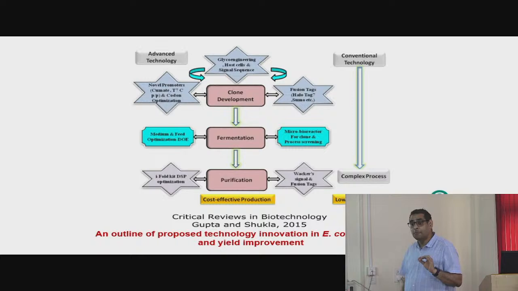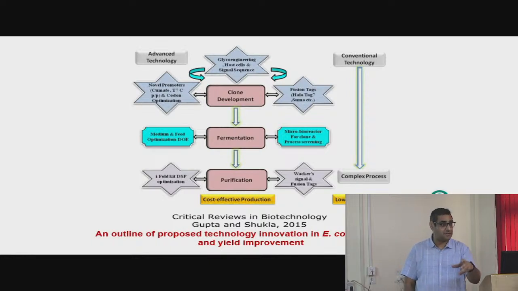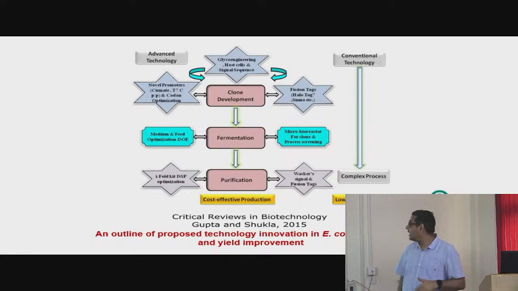You do improved fermentation. You have small micro reactors. You use process scaling. You use medium and feed optimization with new methods, AI based methods, and you get a better product and more yield. You do innovation in purification, simple purification, and you use tags, various fusion tags.